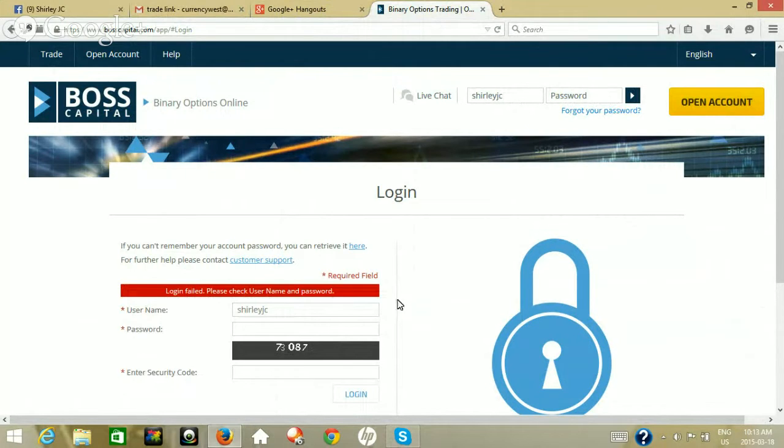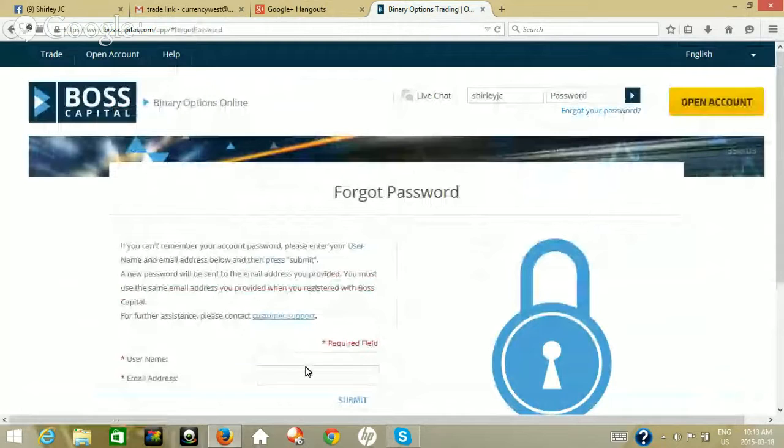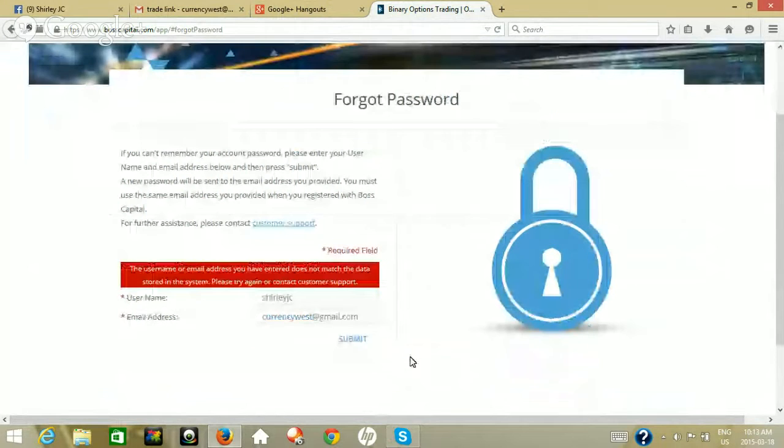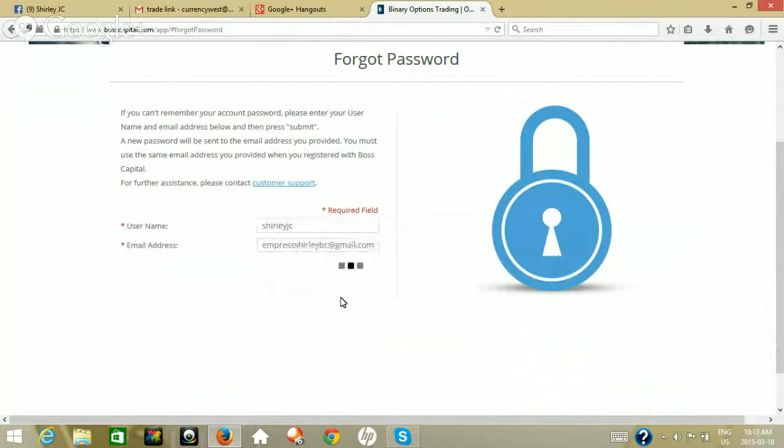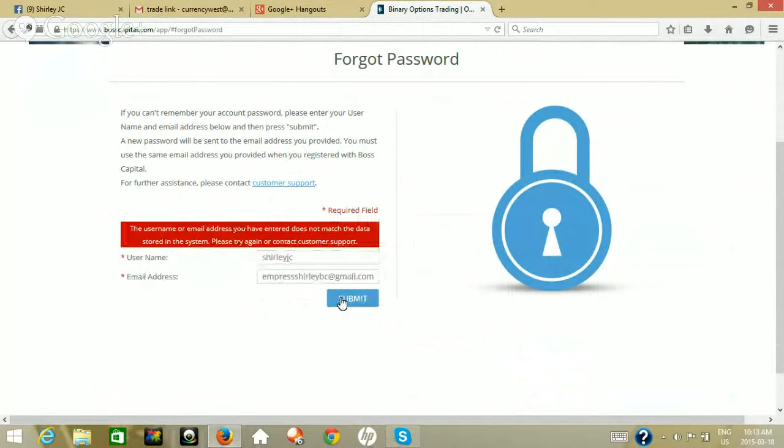I'm just going to do forget password. Oh, that's weird, because the username or email you have entered is not recognized.